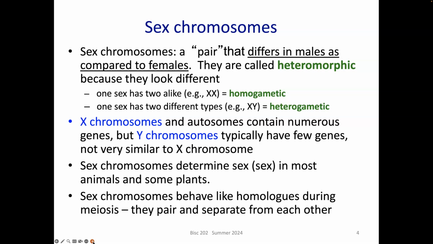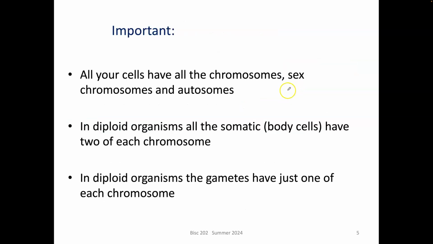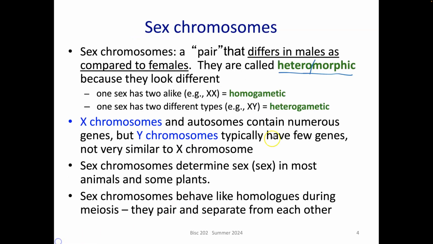So sex chromosomes are a pair that differs in males compared to females. Okay, and the word for the chromosomes is heteromorphic. Hetero means different and morph means form, so different form. And when you physically look at electron micrographs and other things under the microscope, you will actually see different appearance.